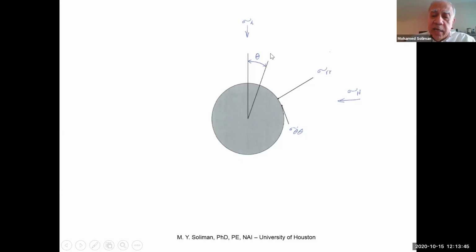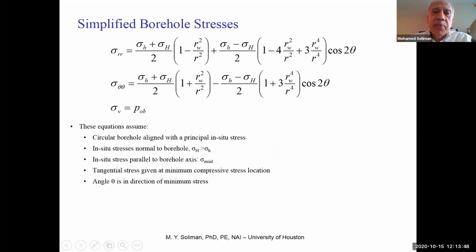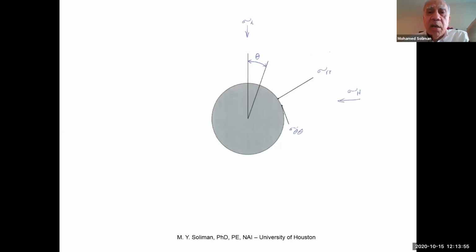So the stress at any point inside this reservoir is defined by these two equations. Sigma RR is the stress going perpendicular, towards the center of the wellbore. Sigma theta theta is the stress tangential, or parallel, to the wellbore.